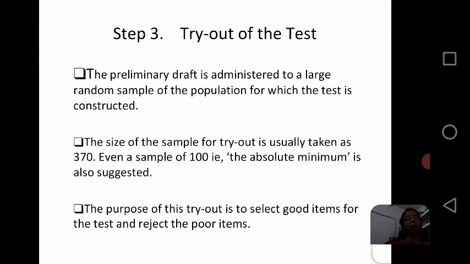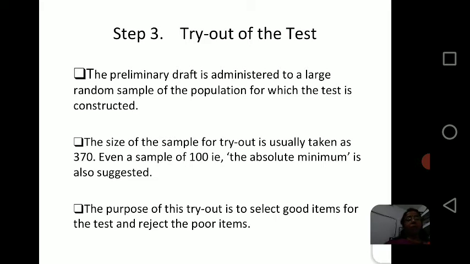A sample from this population is to be collected, and we need to administer the test. The size of the sample for tryout is usually taken as 370. Even a sample of 100, that is the absolute minimum, is also suggested. We can collect a sample of 370 in number or 100 in number and administer the test.